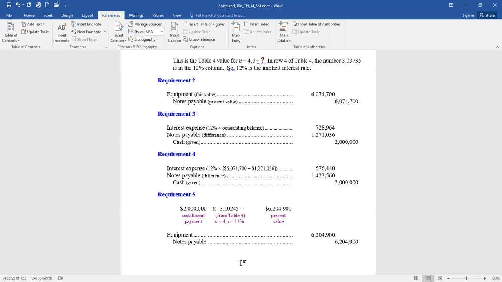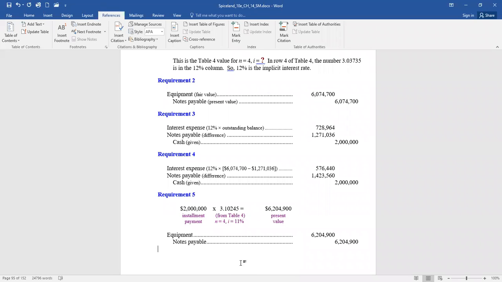Go to that table, find the factor. That times the payment of $2 million is what's considered to be the present value of the note. So that's what we would use for the fair value or the value of the equipment because we don't have a fair value. So this is the next best thing.